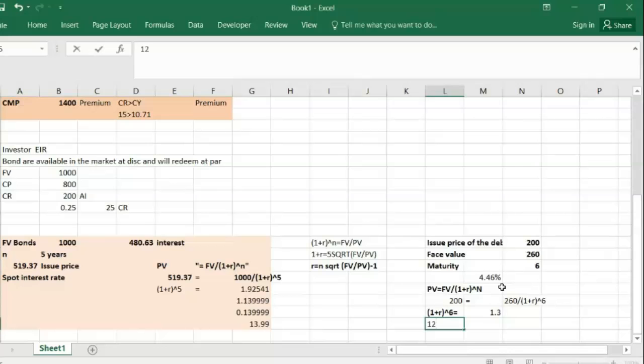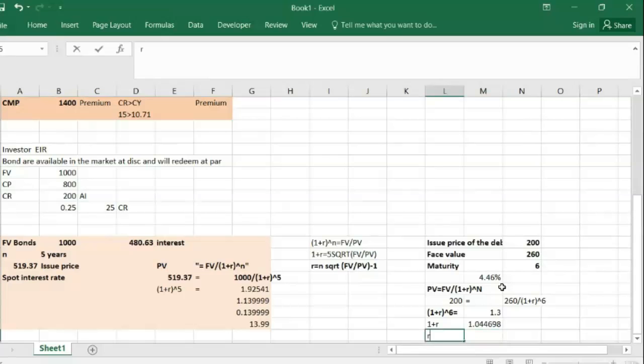Hence 1 plus r is equal to the sixth root. We need to calculate the sixth root. It means 1.3 to the power 1 divided by 6, and we get 1.0446.